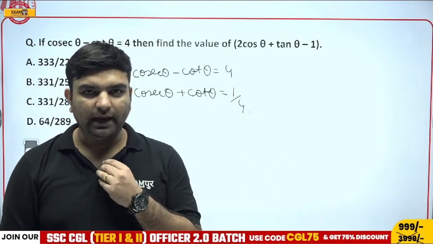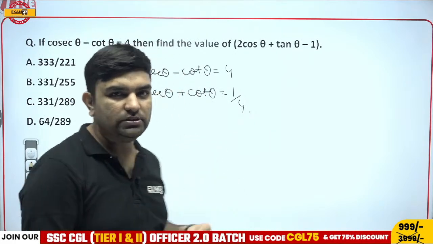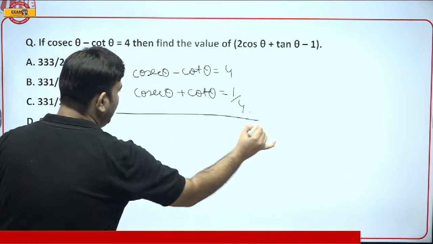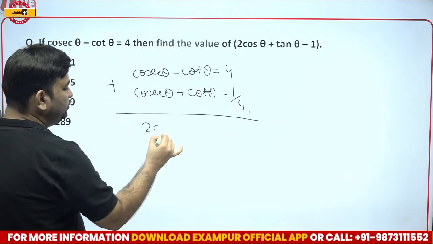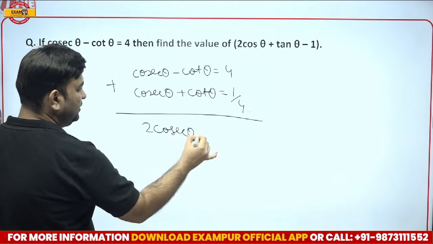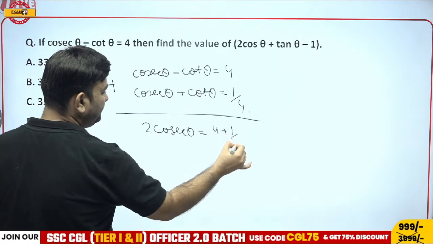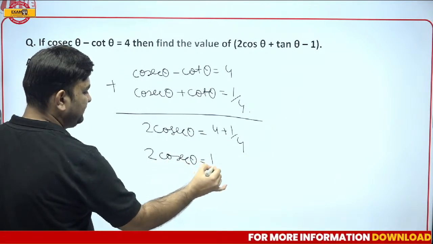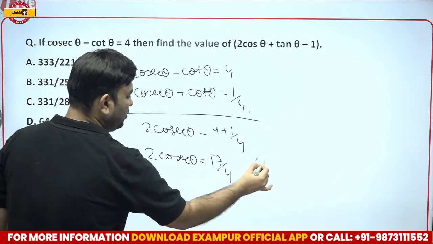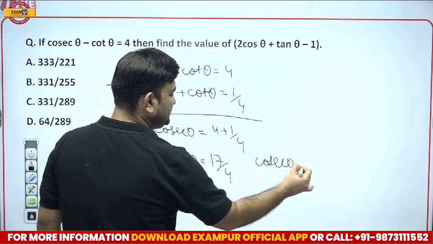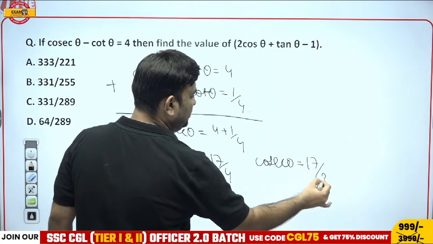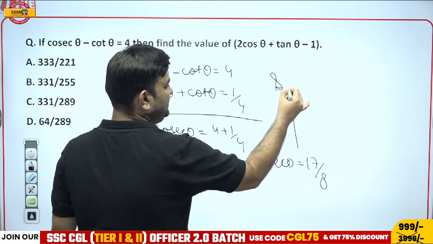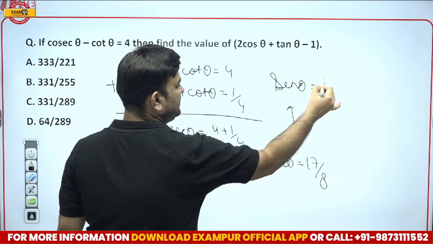Adding both the equations, 2 cosec theta is 4 plus 1 by 4. 2 cosec theta is 17 by 4. Cosec theta is 17 by 8. Or you can say sin theta is 8 by 17.